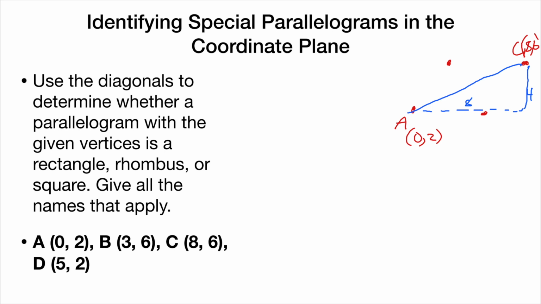Now, before we actually go into that, let's talk about B and D. B is at 3, 6. And D is at 5, 2. So in this case, we have a rise of, let's see, from 2 to 6 of 4, except it's actually going down, so negative 4.